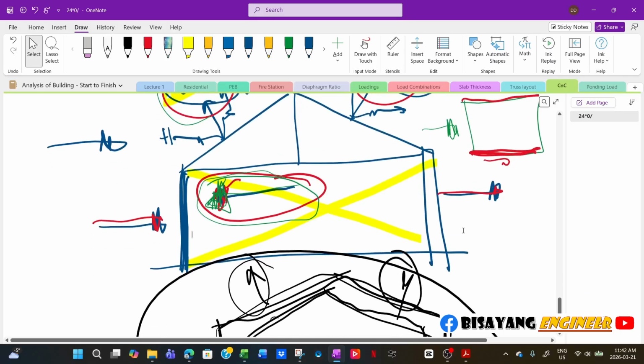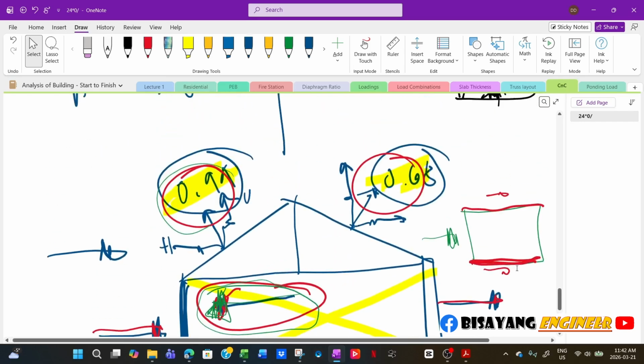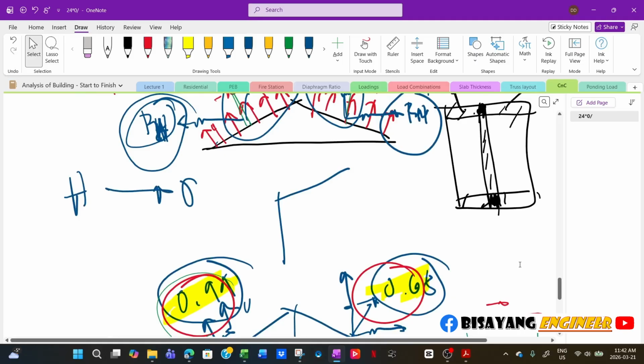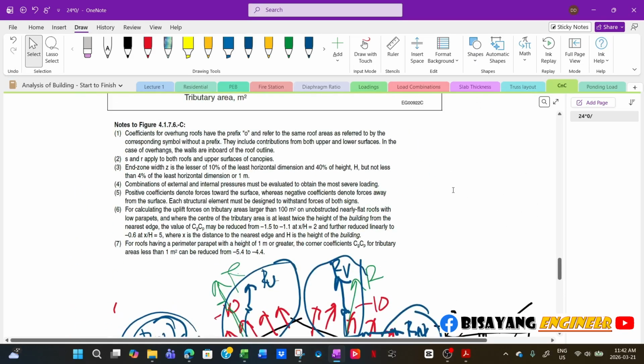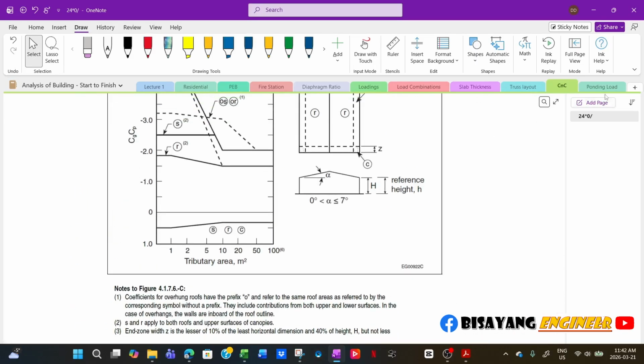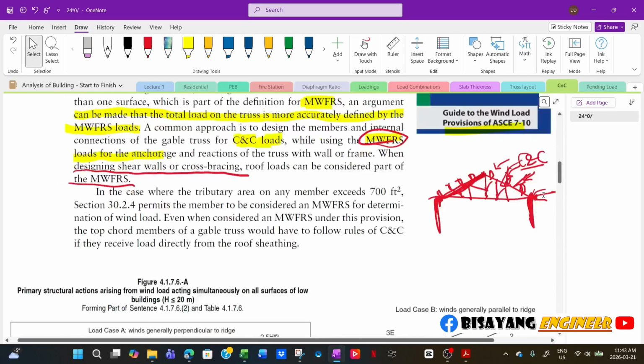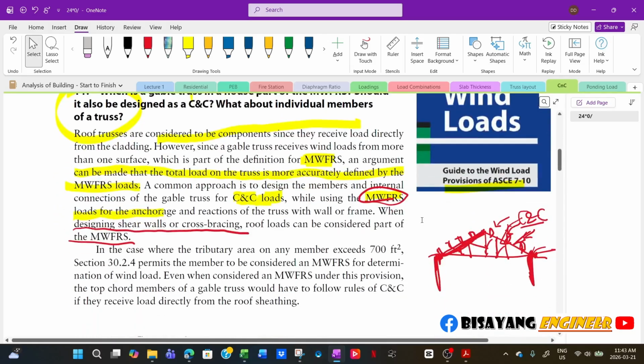So I think this should sum up our discussion with regards to how the wind loads are applied to a structure. Again, if you are not sure, you can always look up the provision in the code. Like I said, this is from ASCE 7. I would say just follow it.